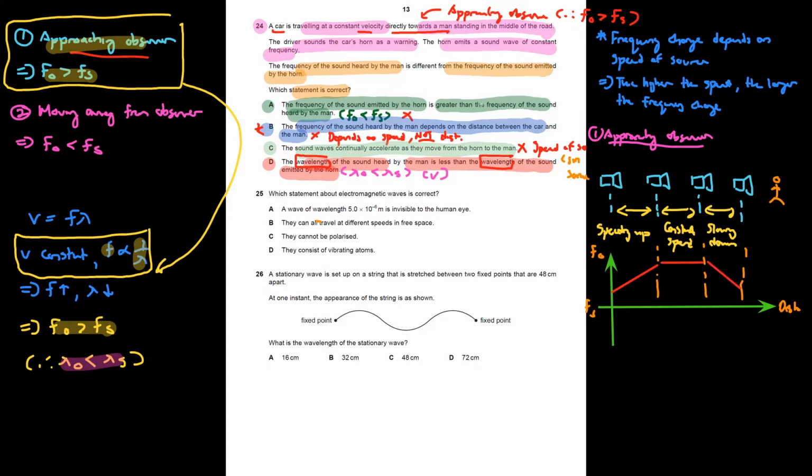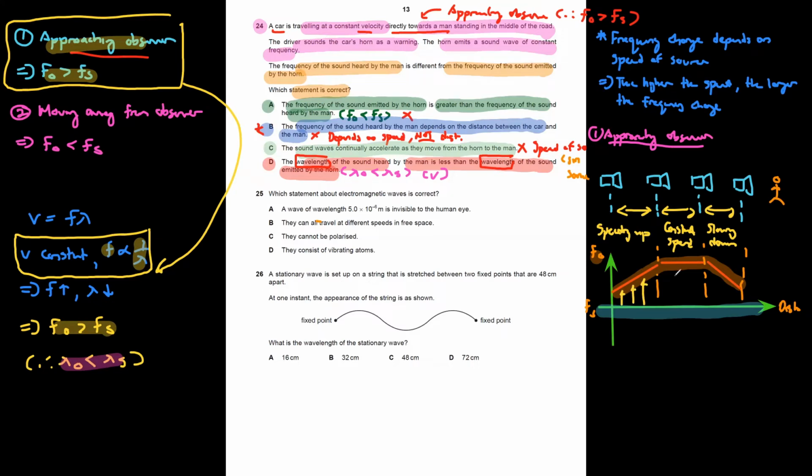Okay. So notice that my observed frequency is always higher than my source frequency over here. But the amount by which they increase is different. For the case where I'm speeding up, the frequency increase is getting larger and larger.